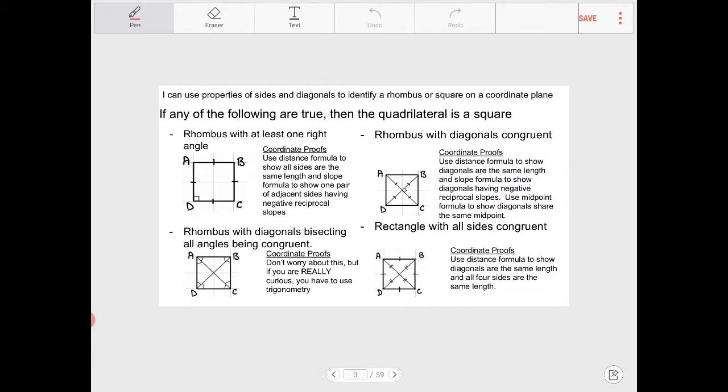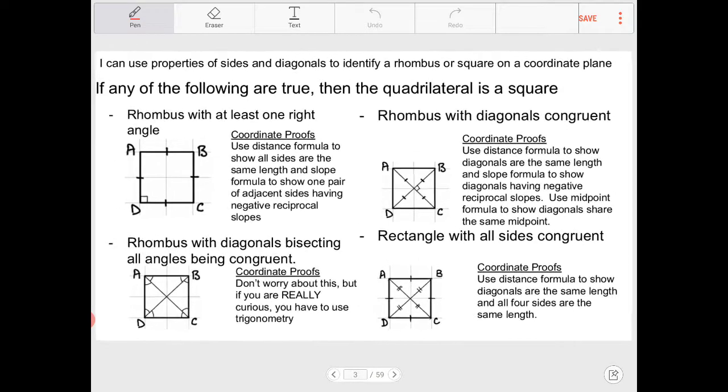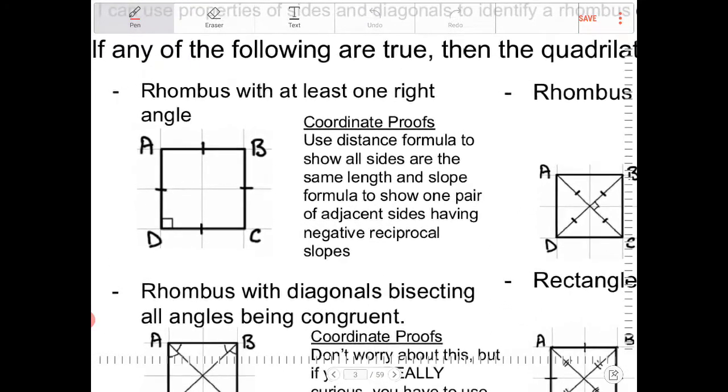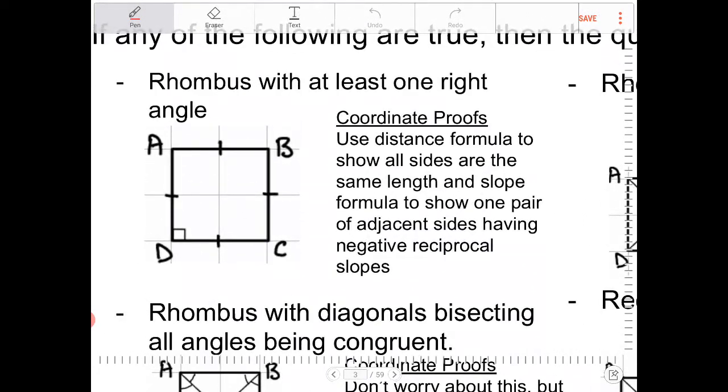The other shape that we have to look at is a square. In a square, we notice that all 4 sides are congruent, but not only are all 4 sides congruent, we have one angle that forms 90 degrees. So how do we show that all four sides are congruent where we only have one adjacent pair of sides forming 90 degrees?